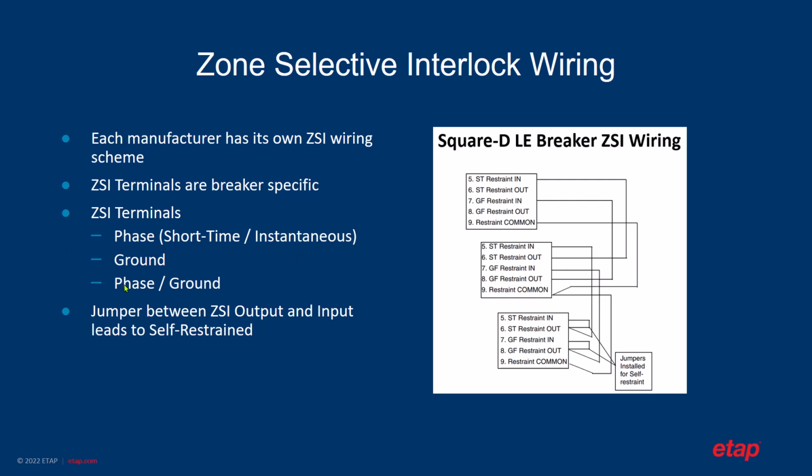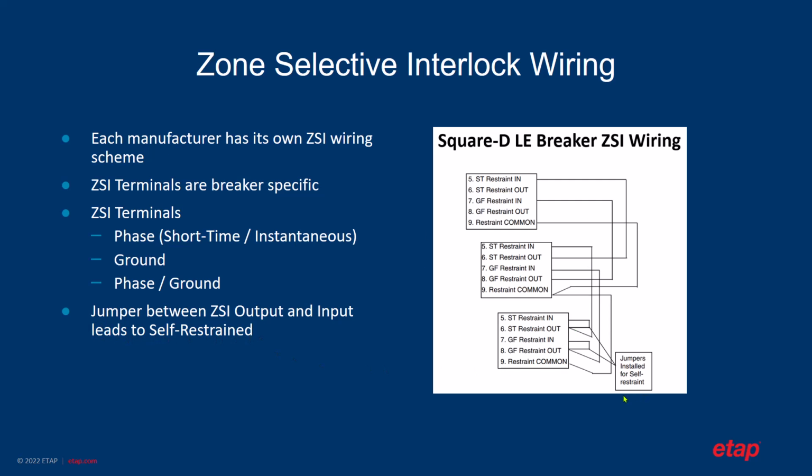ZSI terminals can have phase terminals, ground terminals, or phase and ground terminals at the same time. Sometimes the phase terminal includes short time only, and sometimes both short time and instantaneous. If there's a jumper connected between the ZSI output and input, that will lead to self-restraint.